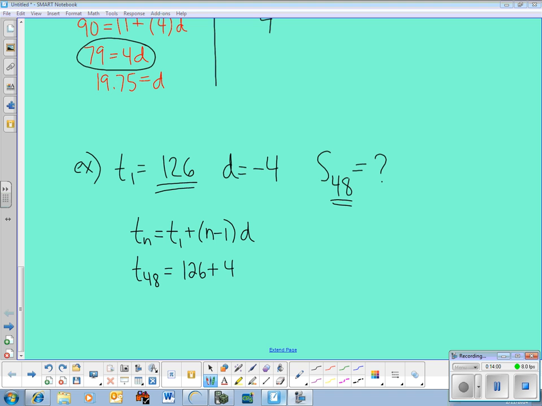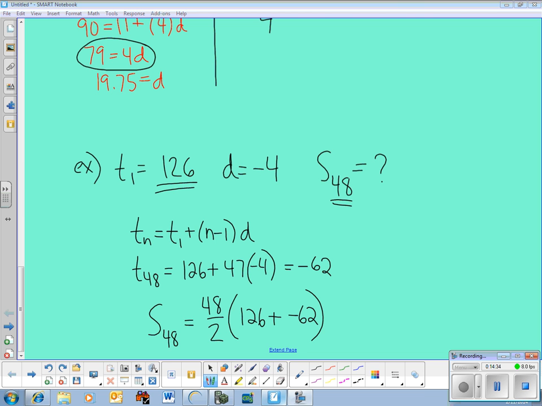126 plus 47 steps, each size -4. And that gives us 126 plus 47 times -4, which is -62. And then you can use that to find the sum of the first 48 terms. 48 over 2, number of terms divided by 2, times first term plus last term.